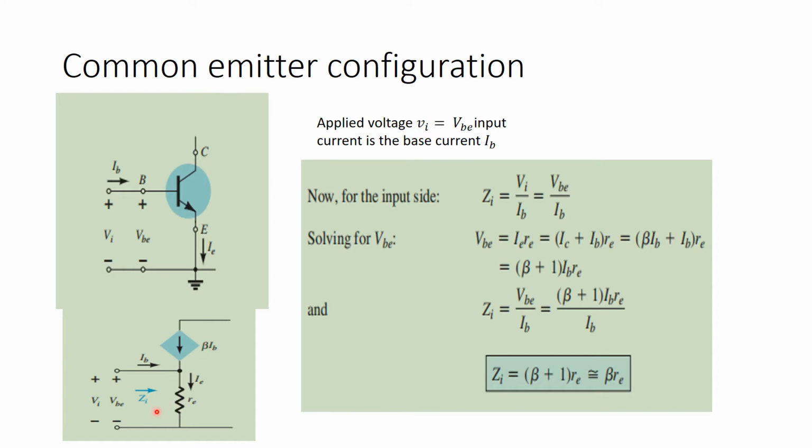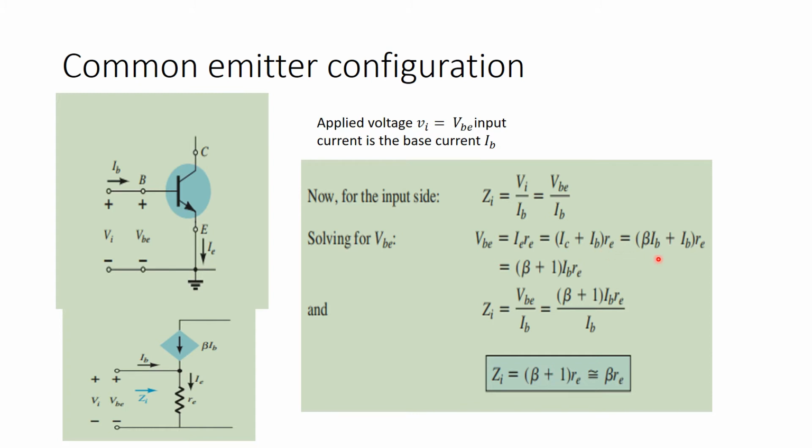Input impedance Zi is the ratio of the voltage across RE to the current flowing into the terminal. So VBE upon IB is the input impedance. VBE is IE into RE. At this particular node, IE is the sum of IB and beta IB, so when you sum them, you get IE equal to IC plus IB, into RE.